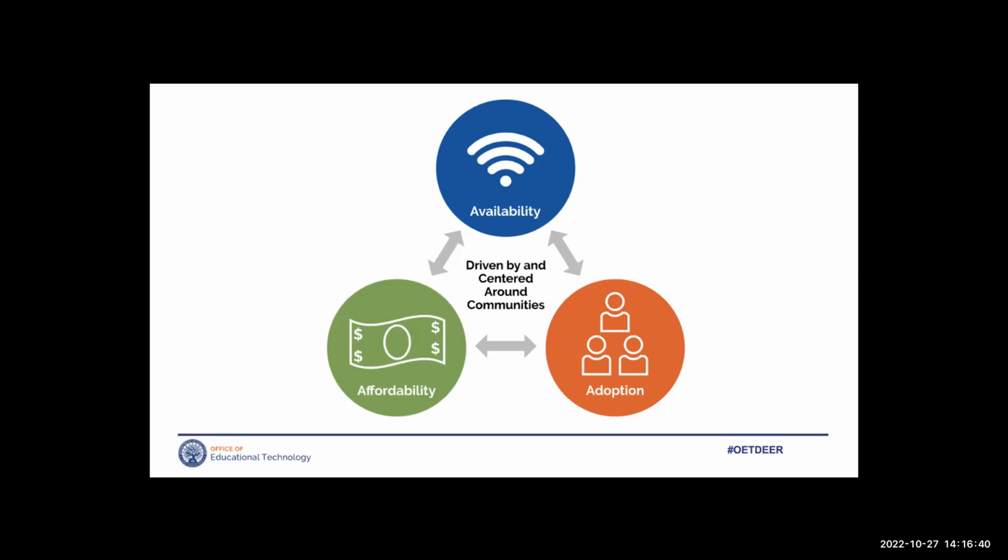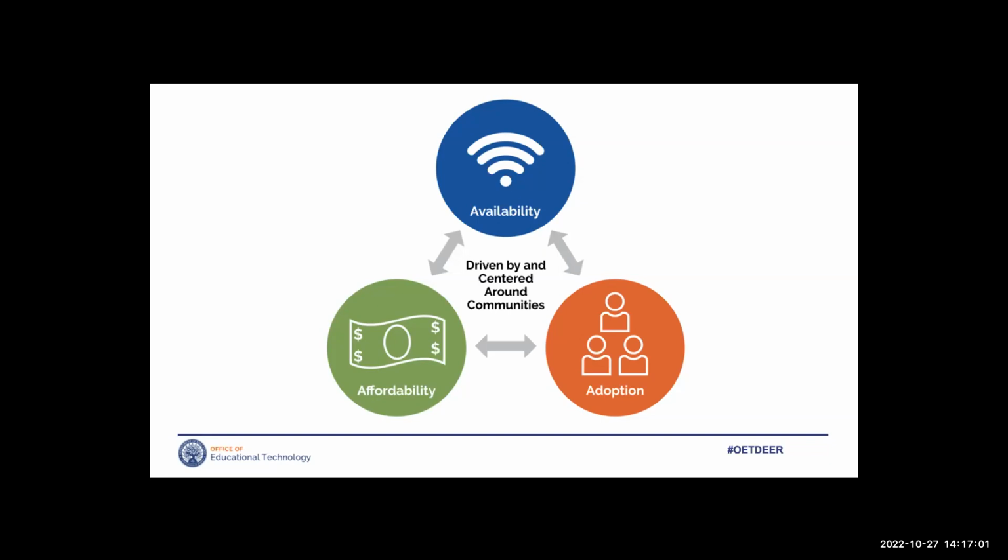Those refer to some of the human level elements that can either enable or impede access, such as access to information, technical support, and digital skills and literacy that individuals and communities can leverage to use technology to meet their goals.